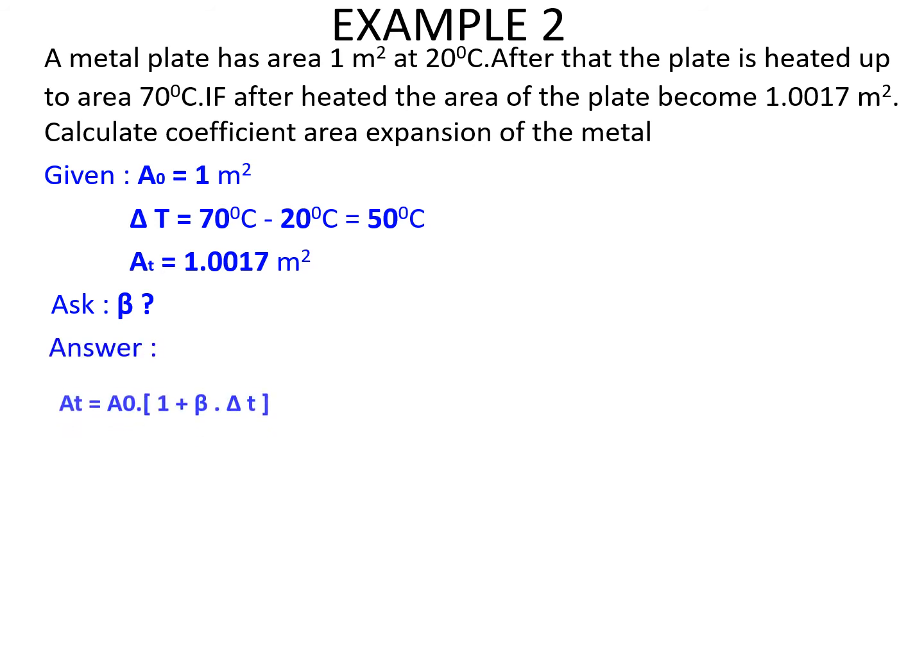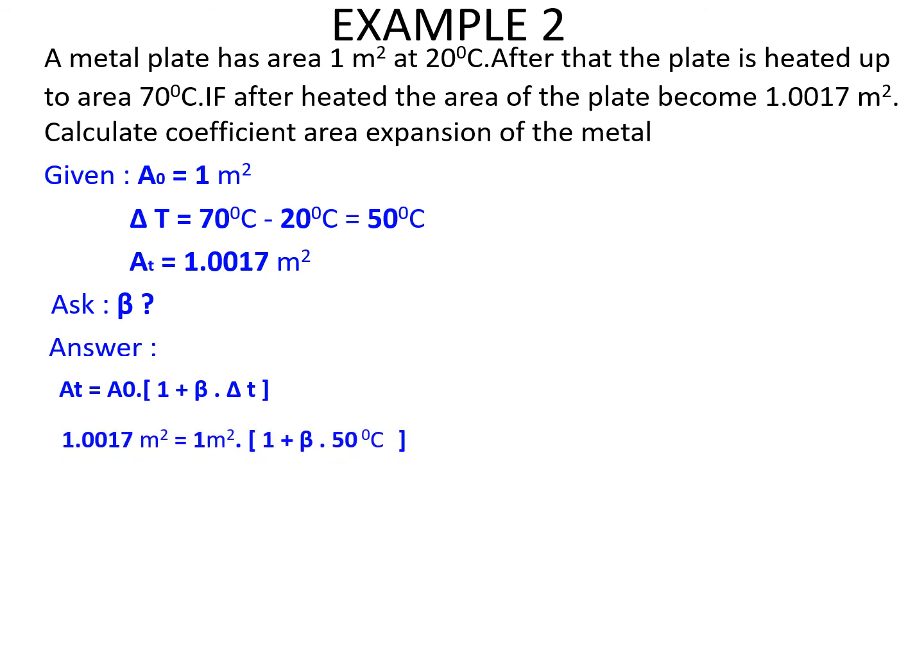Answer: AT equals A0 times 1 plus beta times delta T. So 1.0017 meters square equals 1 meter square times 1 plus beta times 50 degrees Celsius. 1.0017 meters square equals 1 meter square times 1 plus beta times 50 degrees Celsius times 1 meter square.